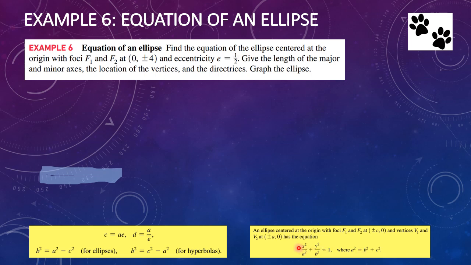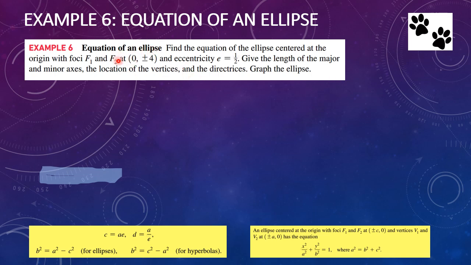Remember, the x squared and the y squared values are going to change, okay? And our eccentricity constant E is equal to 1/2. Give the length of the major and minor axes and the location of the vertices and the directrices, and then graph the ellipse. All right.